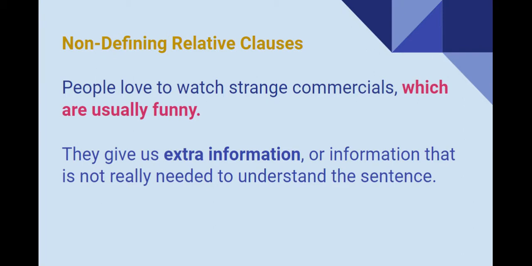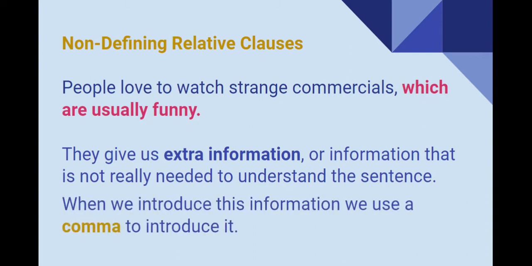Non-defining relative clauses give us extra information or information that is not really needed to understand the sentence. If we blank out the relative clause and we have people love to watch strange commercials, we can still understand the sentence, and which are usually funny is just extra, a comment.